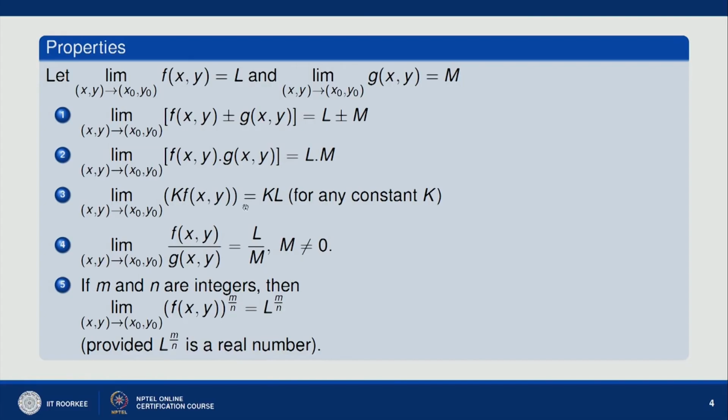Scalar multiplication gives k times L, and division f upon g gives L upon M, where M should not equal 0, and similarly we have the next property.